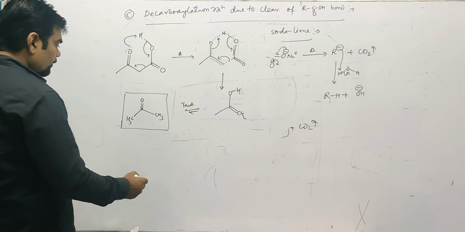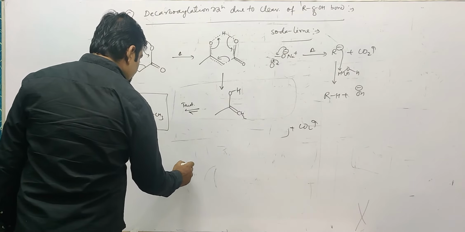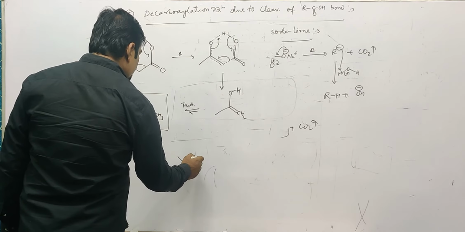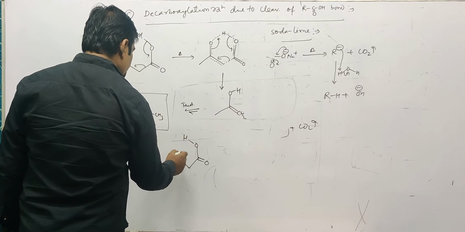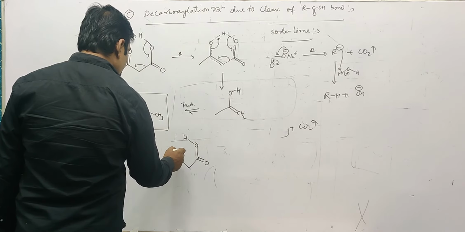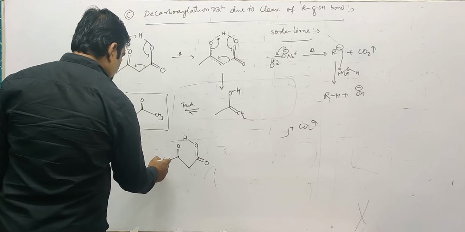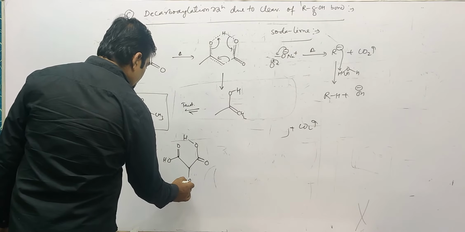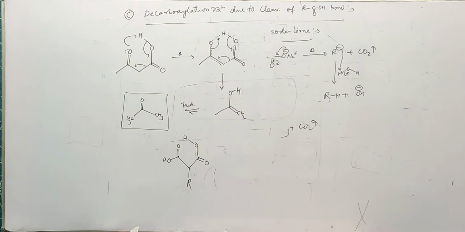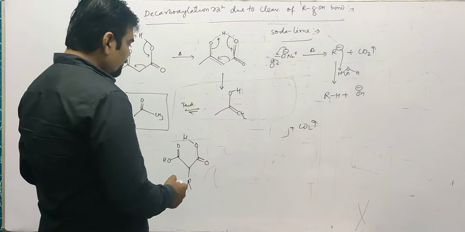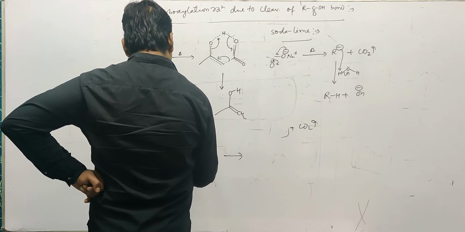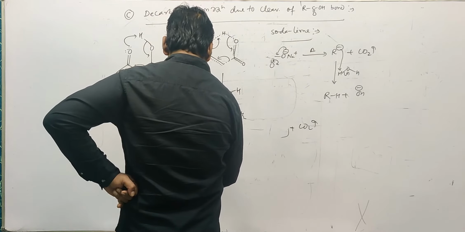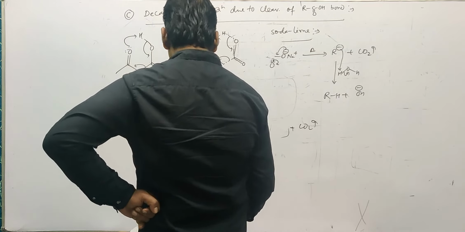Similarly, if there is malonic acid, and at the alpha position we have substitution by an alkyl group, alpha alkyl malonic acid, what does it form upon heating? Simply through the formation of a cyclic transition state, this bond is transferred, this bond is transferred.